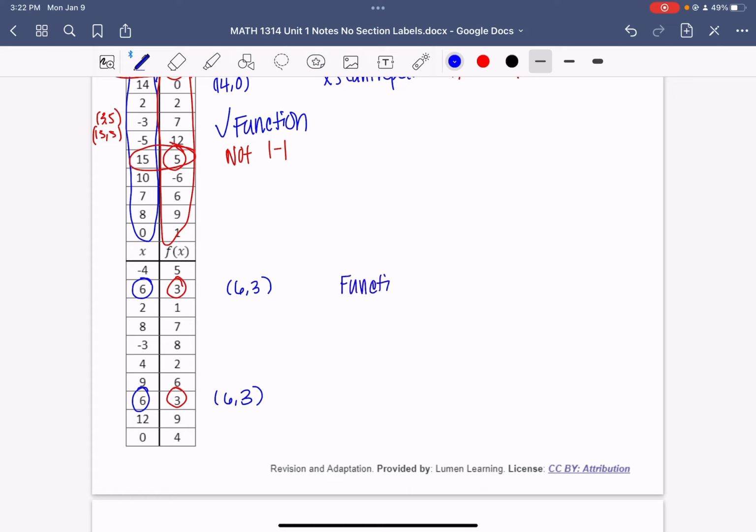So this is actually one where it's a function and it's one-to-one. So if you see a repeated value, check its output or its y value, because if it's the exact same ordered pair, that just means we listed it more than once, not that it got paired more than once like in the other cases. And so these are all the different ways that you can see whether it's a function or a relation or a one-to-one.